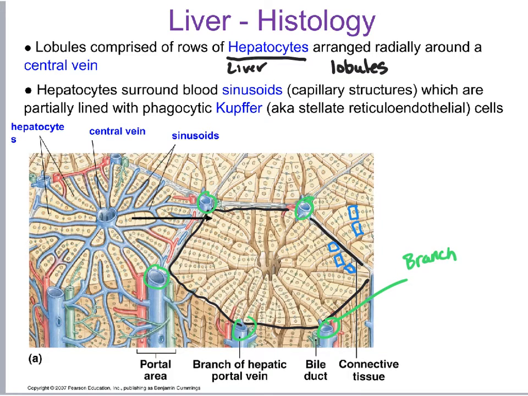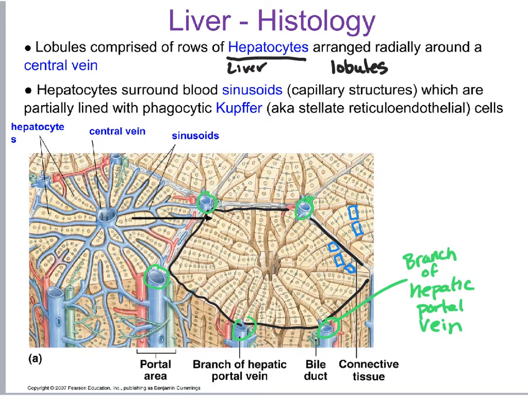When we get to the cardiovascular system, I'll teach you more about that. This is just a small branch of what we call the hepatic portal vein. And this vein is carrying blood directly from the GI tract into the liver.